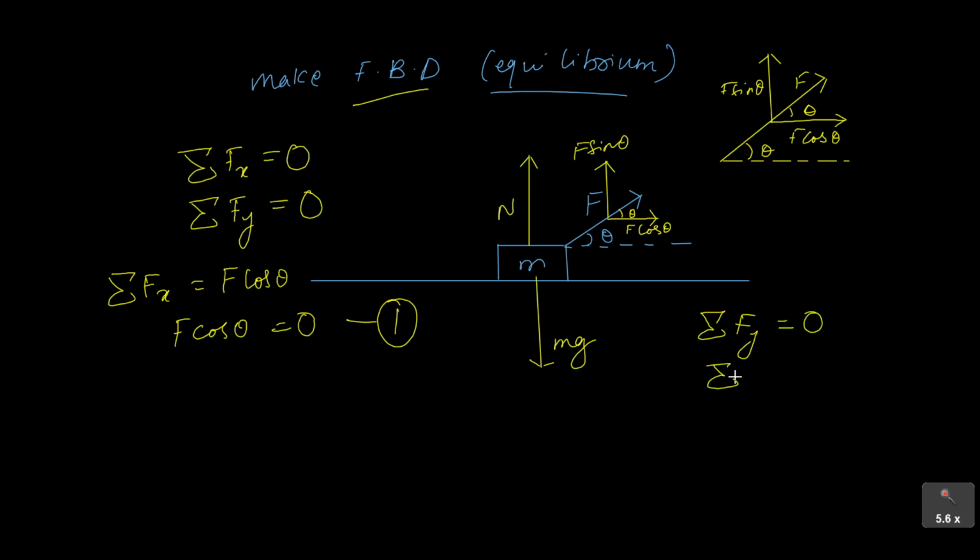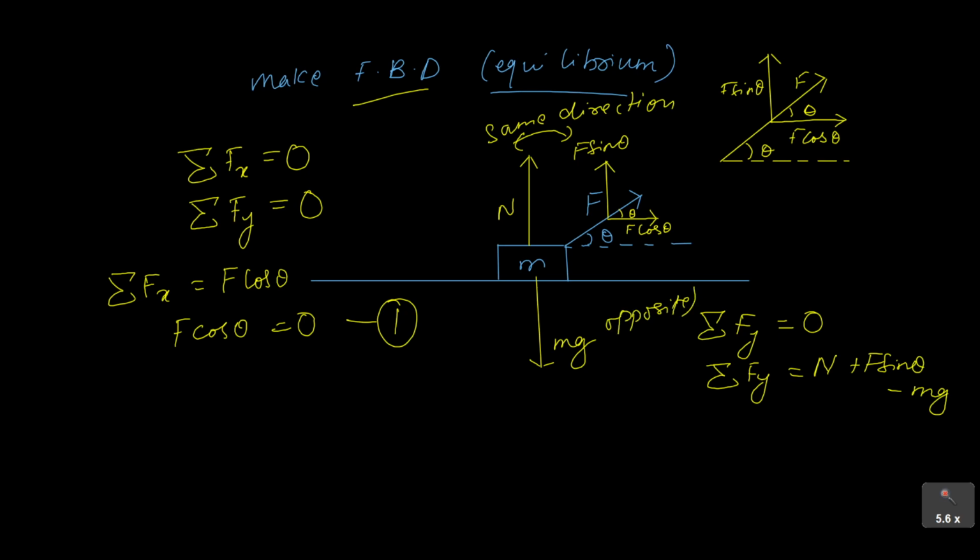The second equation is that the summation of Fy is 0, and from the free body diagram, in Fy, N is there plus F sine theta. Sorry, it will be minus mg, because N and F sine theta are in the same direction, and mg is in the opposite direction.